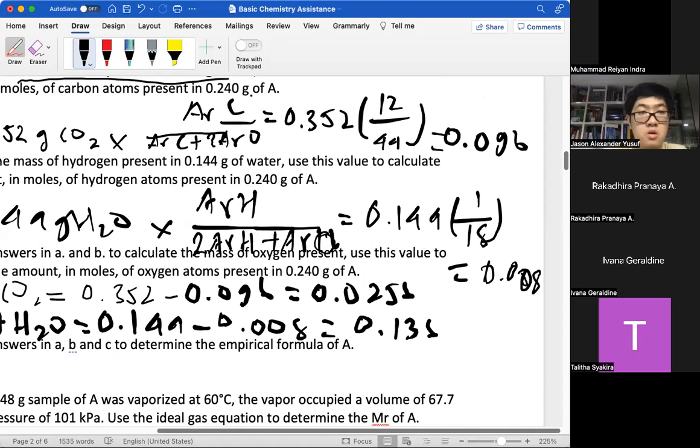Oh, sorry, there's an error here that I just noticed. This one should be 0.256. So sorry about that.